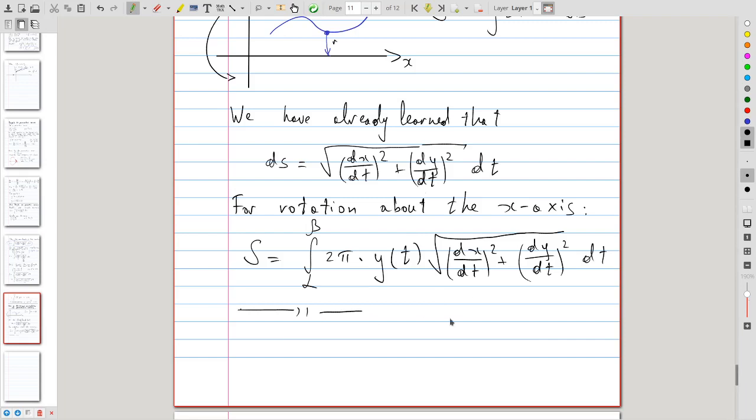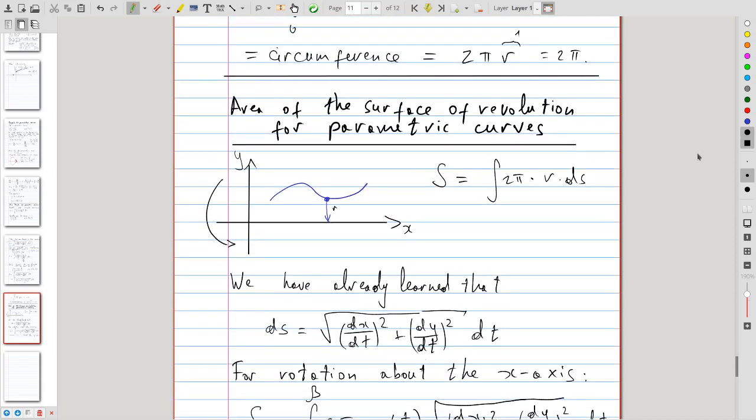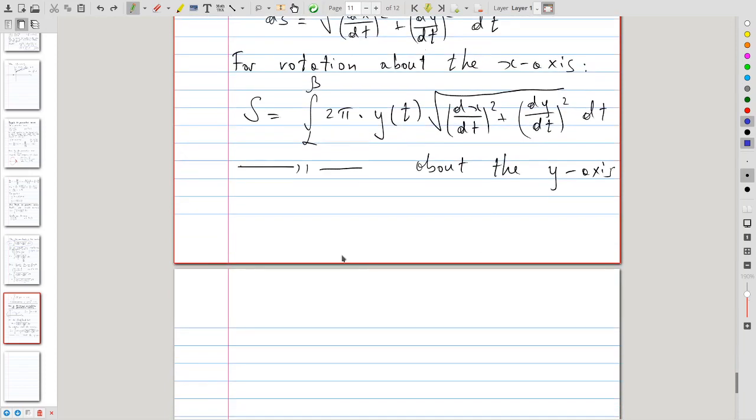And when you have to do the same for the y-axis, then the radius of such a rotation, so you're at a point somewhere here and you rotate it like so, is this distance here, which is the x-coordinate of your point. So all we have to do is take this same formula and replace y of t with x of t in it.